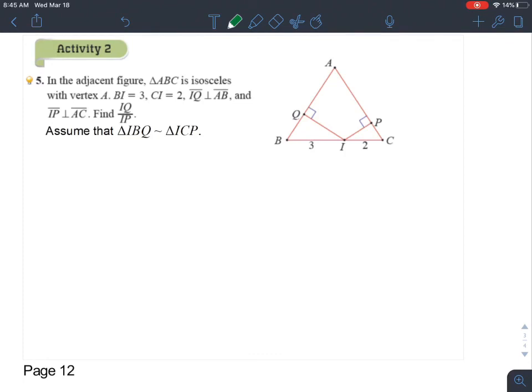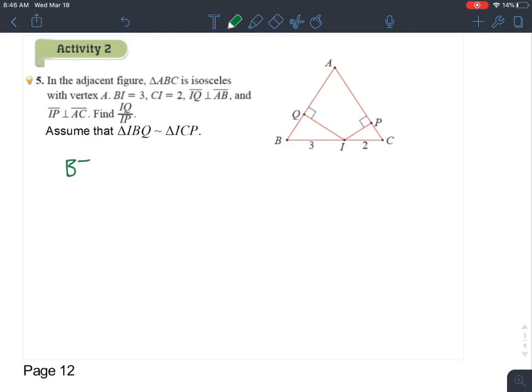Well, since I told you that IBQ and ICP are supposed to be similar to each other, the nice thing about this then is that we just need to take the two sides that were given and we just need to find their ratio. So if we're supposed to be doing IQ over IP, normally I've been telling you to do right divided by left, but this time we have to do the left divided by the right.